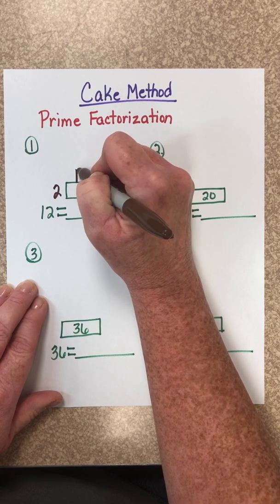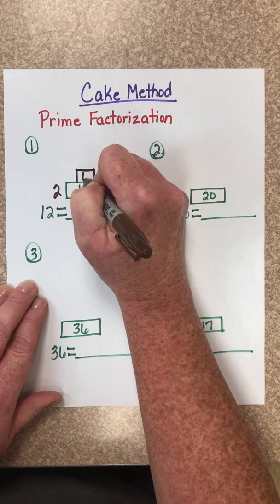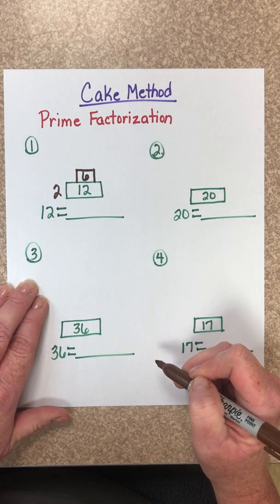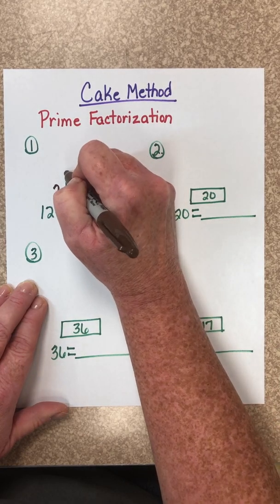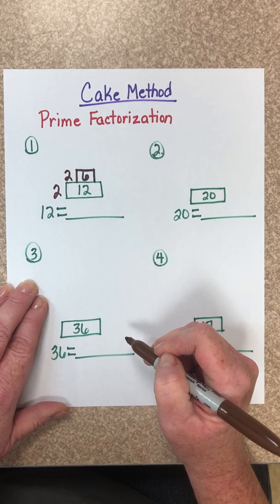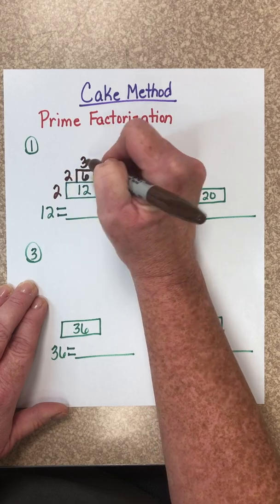So that means I'm going to make another layer of cake and put a 6 there. Now, what's the smallest prime number that goes into 6? Well, that's a 2, and that goes out front. And 2 times what is 6? Well, that's 3, and that goes on top.